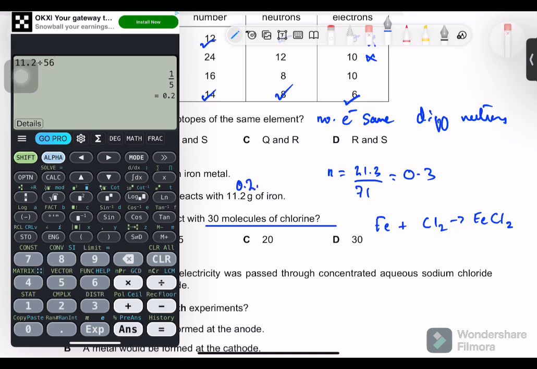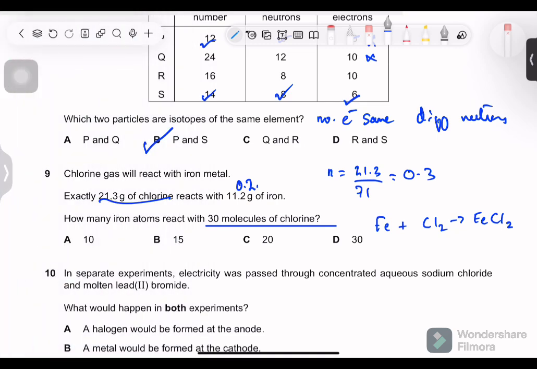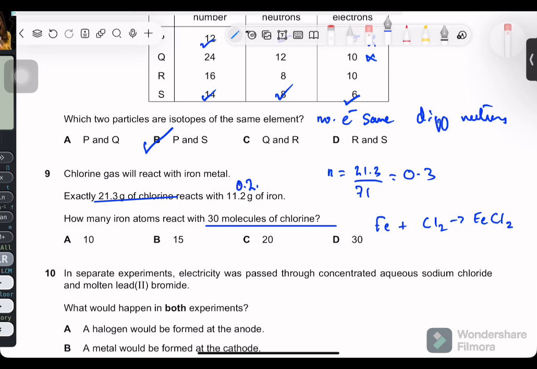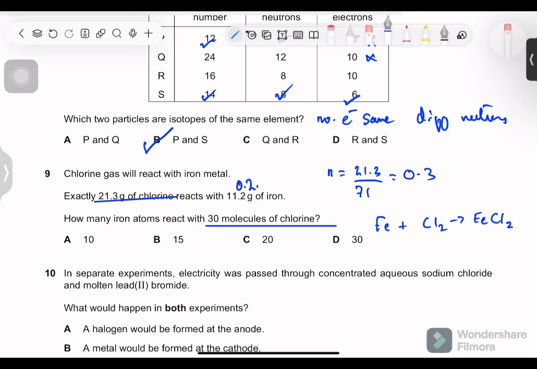Now, if we calculate the number of molecules of chlorine in this, there will be the formula moles equals to Avogadro's constant, the formula involving the Avogadro's constant, if we apply that. But there's a smart way of going about this, a smarter way.